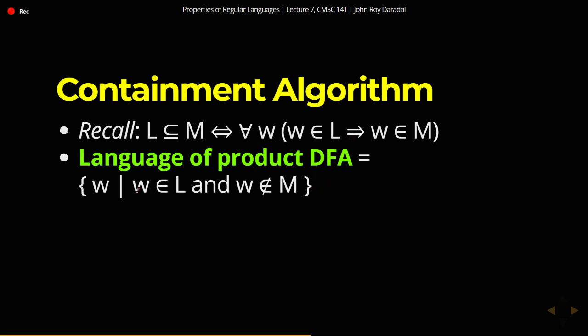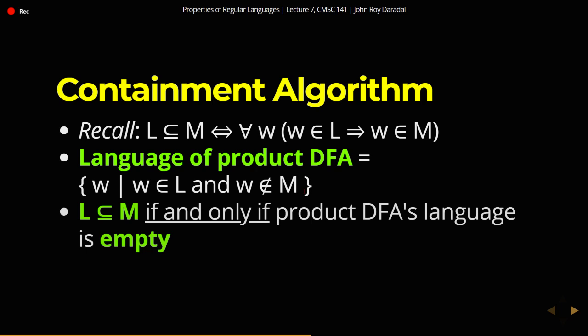So all the strings that are in L but not in M. Okay? Are there any such strings? So if there are strings that are in L but not in M, that means that L is not a subset of M. Okay? Because there are some strings in L that are not in M. So L is a subset of M if and only if the product DFA's language is empty. Okay? So that's what we'll do also.